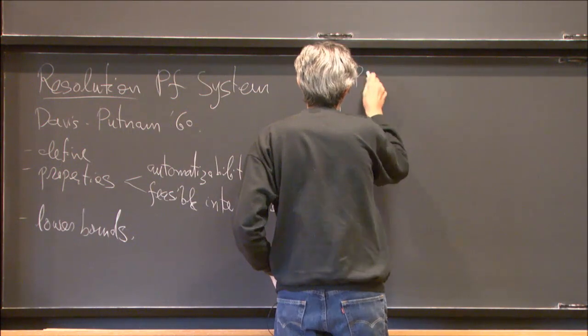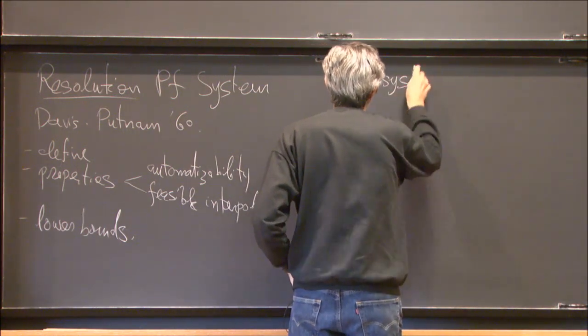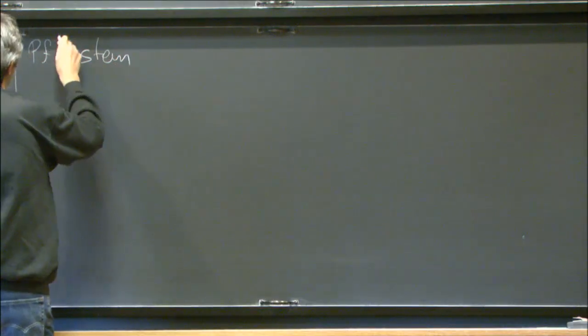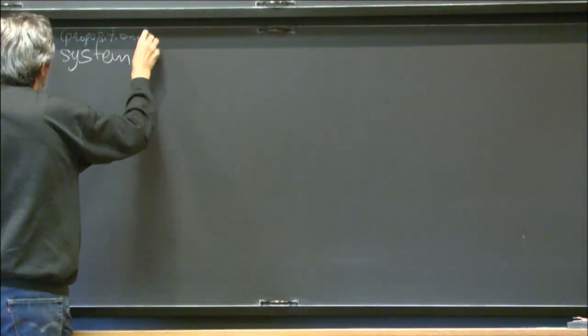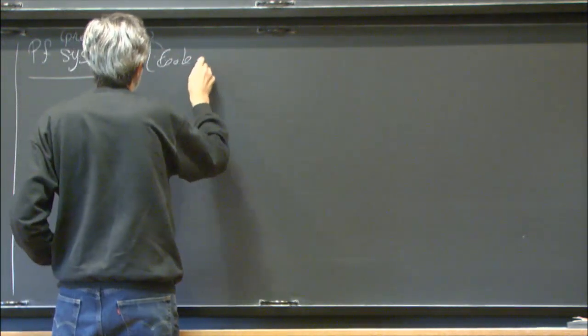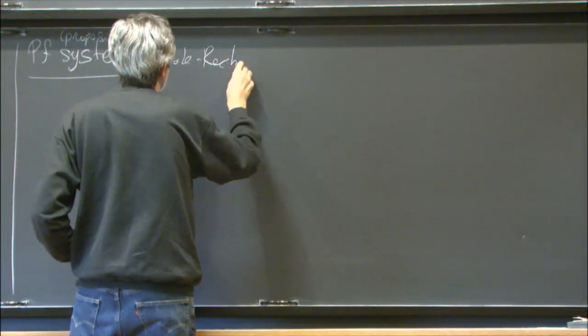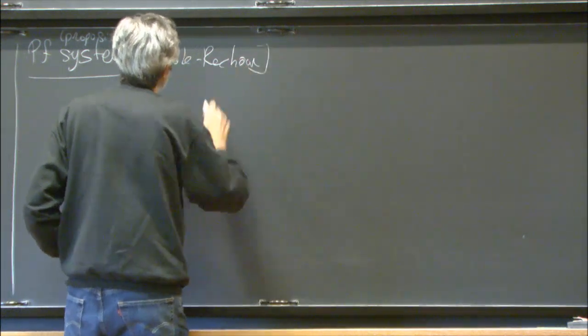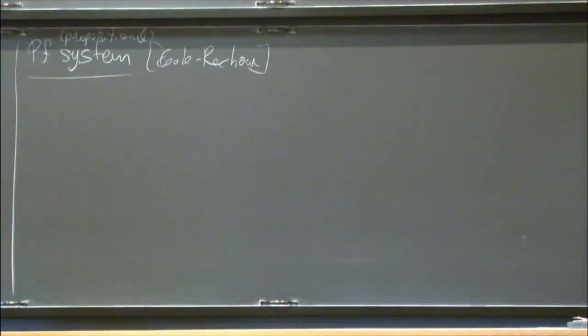So, proof systems, and we are always talking about propositional proof systems. The definition of Cook and Reckhow was very general. A proof system is anything that has a polynomial time verification.